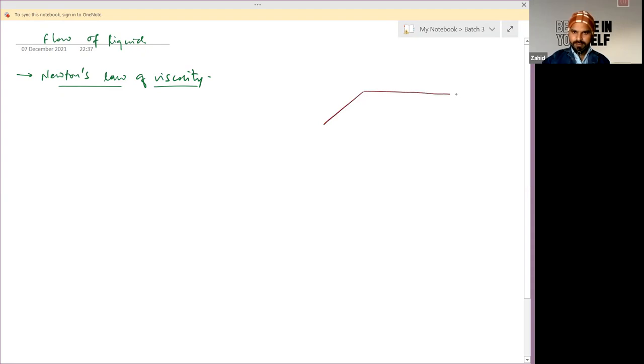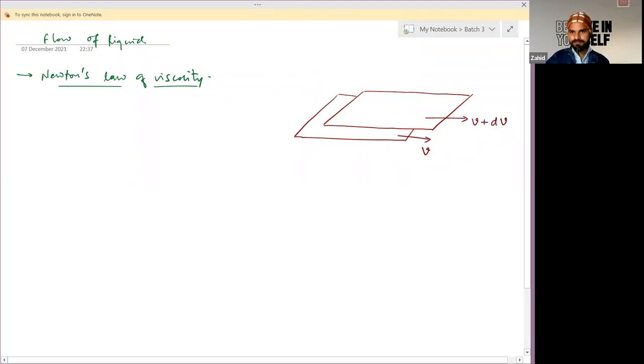Suppose you have a layer having area A, there will be another adjacent layer to it like this. For this part, it will have some velocity v, but for this layer, it will have velocity v plus dv.